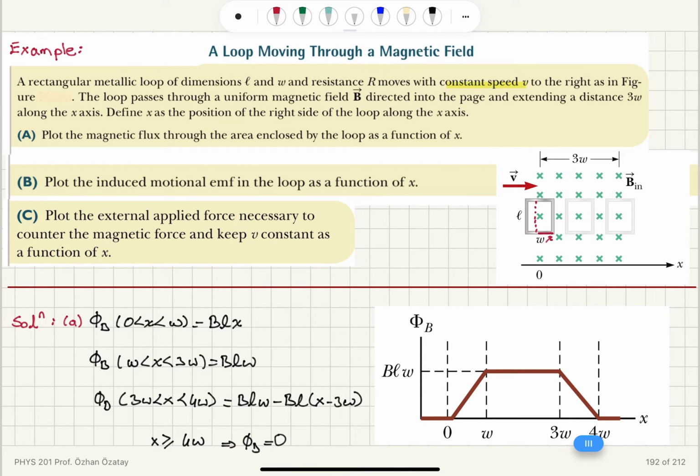Now, in part C, plot the external applied force necessary to counter the magnetic force and keeping V constant.